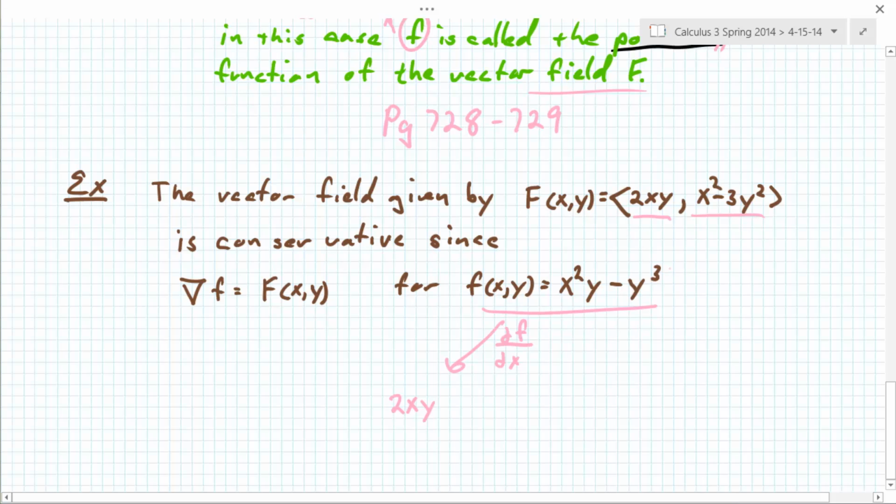But y is being treated as a constant for the partial with respect to x, so I get 2xy, and then the partial with respect to y is, well, x is treated as a constant, so this becomes x squared minus 3y squared. Aha! So this is conservative.